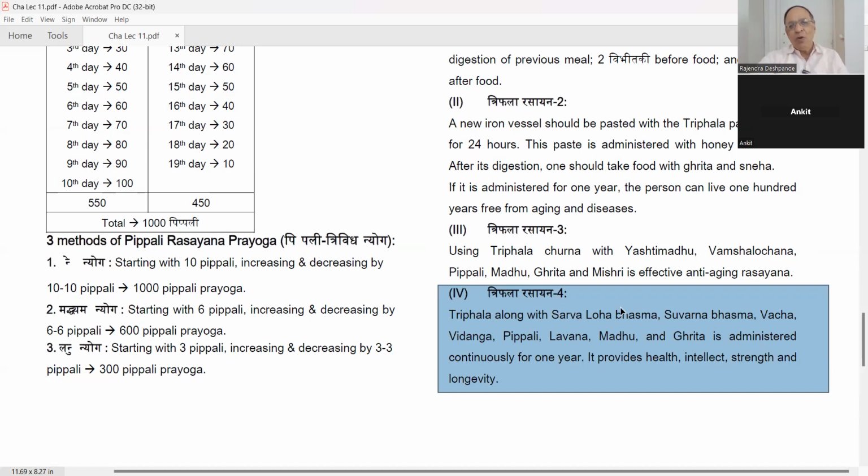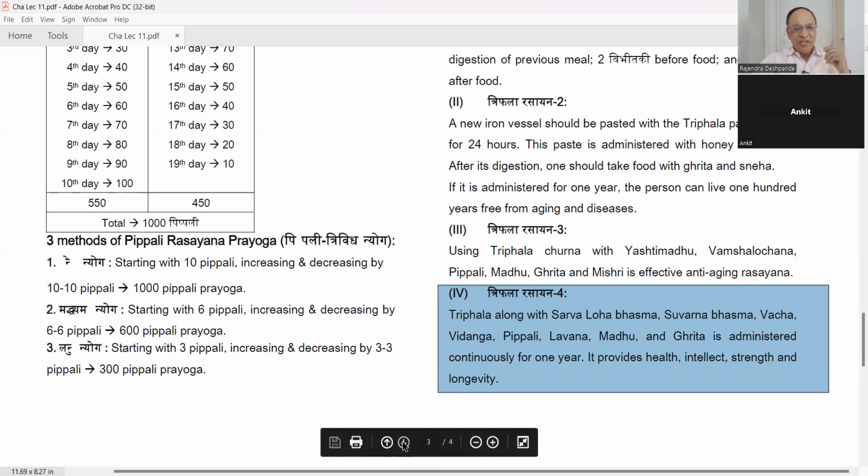So Triphala along with Loha Bhasma, Suvarna Bhasma, Vacha, Vidanga, Pippali, Lavana, Madhu, and Ghrita, that is ghee, is administered continuously for 1 year. If you take this tonic, what are the benefits? It can provide you health, medha, that is intellect, bala, that is strength, and dirghayush, that is longevity.